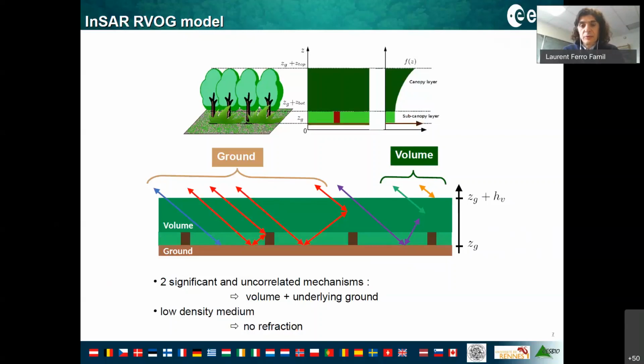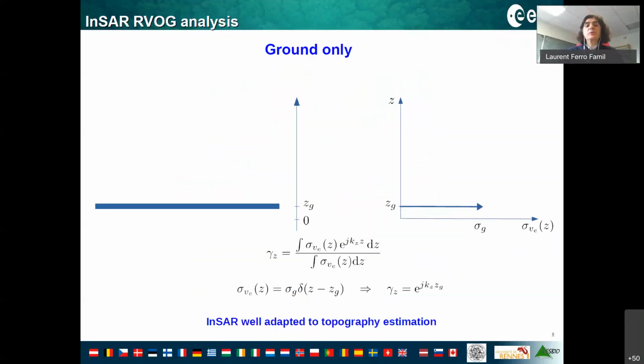So we have two contributions, and now we are going to see how interferometric coherence varies when you put one or the other or both contributions together, and this will lead us to the formalism of tomographic focusing. So here I use this relationship between the vertical structure and the interferometric coherence, and I consider only the ground contribution. We have only one ground.